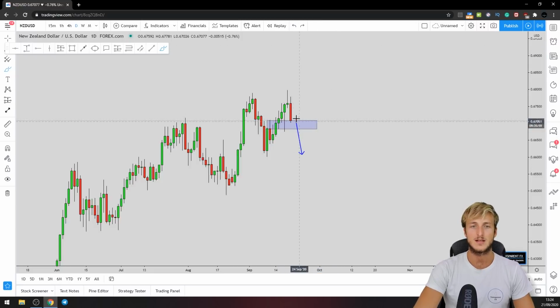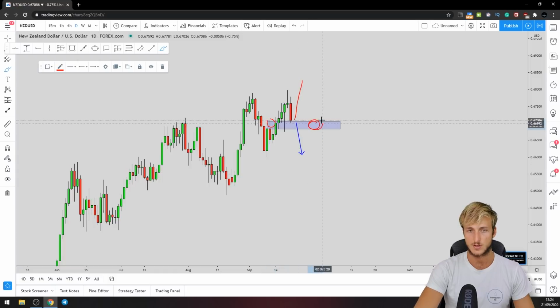So as long as the market remains above the area from a daily closing perspective, the market can easily break higher. Until we break, we can pop. But if the market breaks, then all this zone here will turn into resistance. Inside of this area, we will have massive resistance.